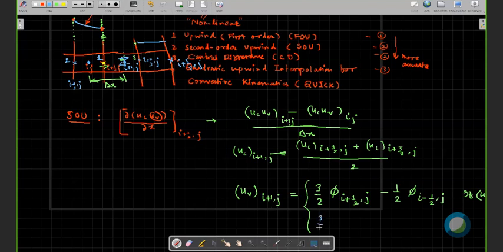So from this cell center, whatever face values there are, you have to pick. So 3 by 2 of this phi at I plus 3 by 2 comma j minus half, excuse me, why am I writing phi?